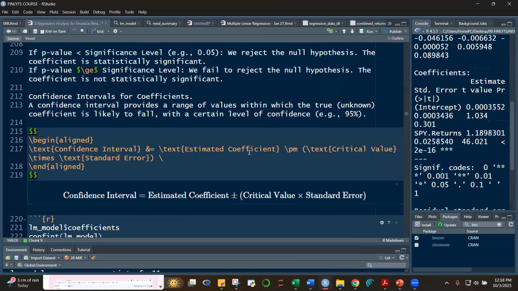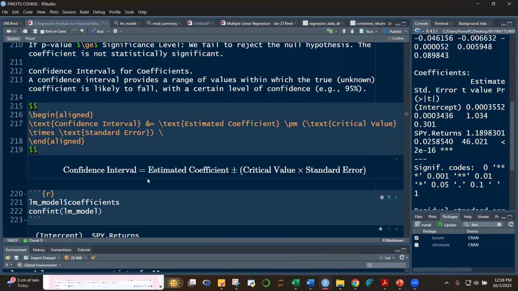The confidence interval is equal to the estimated coefficient, which are these, 0.033 and 1.19, plus or minus the critical value times your standard error.